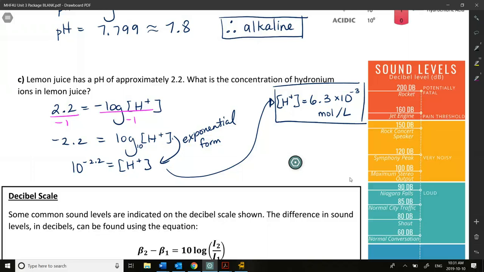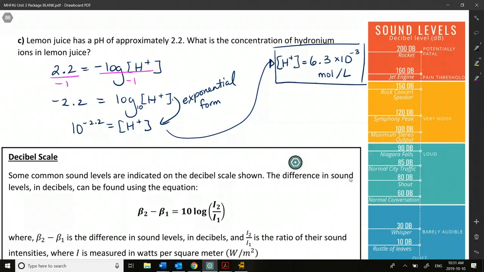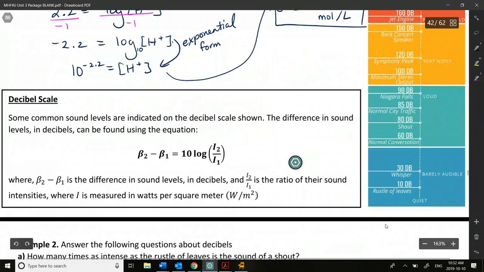Okay, the next one is for looking at different sound levels. You can see a little chart that I made for you over here. Something like the rustle of leaves or a whisper is between 10 and 30 decibels. Normal conversation is 60.